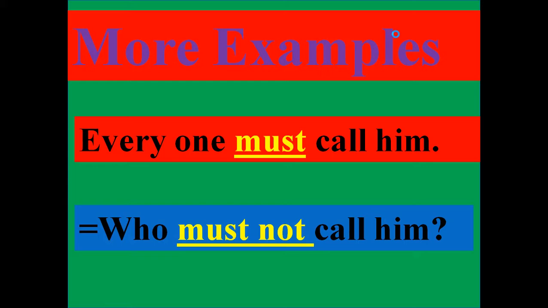So we can use who instead of every plus one, and must is also an auxiliary verb, so it is used with not, must not. So the negative interrogative sentence is, who mustn't call him? Dear students, you find it and try to understand.